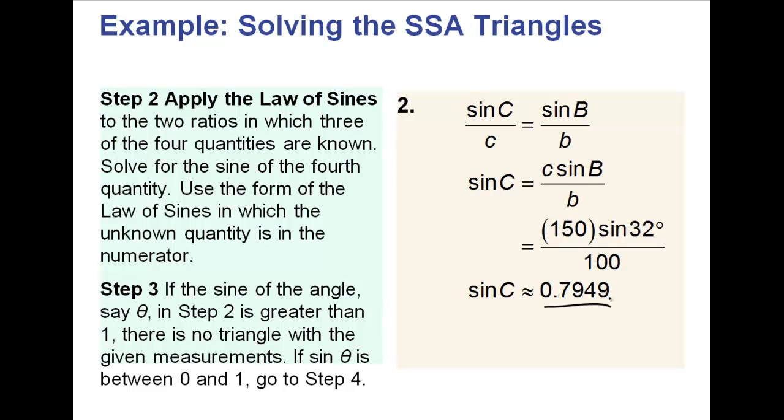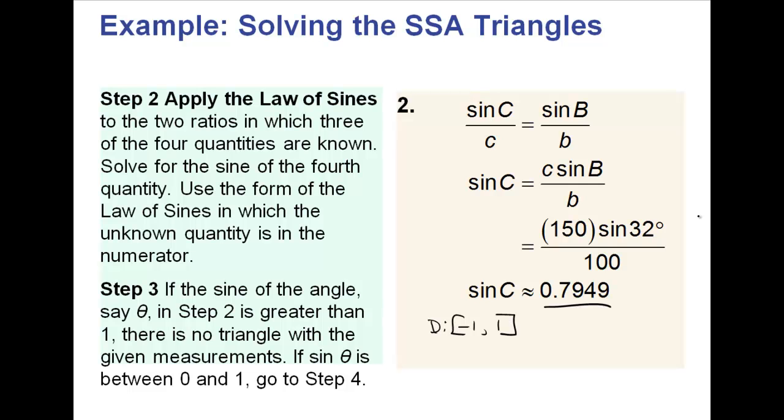Now, step 3 is we have to check this. This angle that we just found: if the sine of that angle is greater than 1, then there's no such triangle with the given measurements. In this case, we stopped short of taking the inverse sine. We just found that sine of C is going to equal this number, and we know that our sine function has a range between -1 and 1.